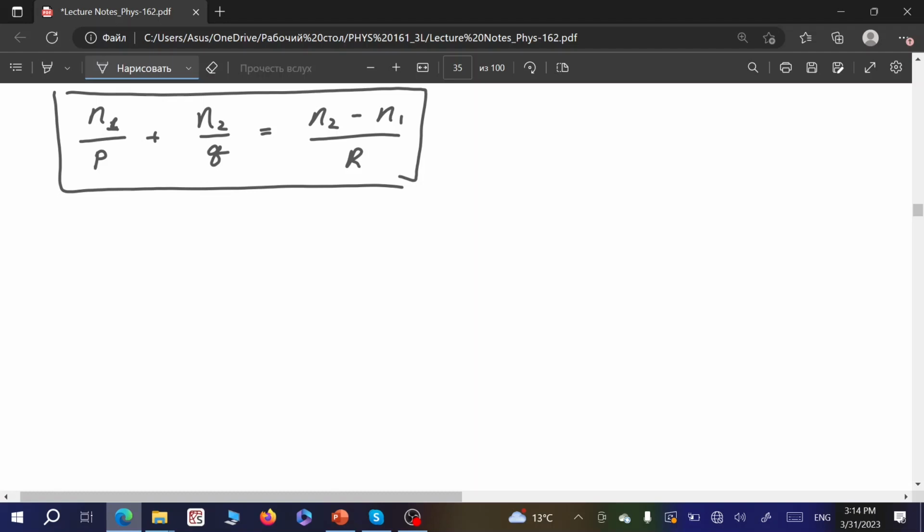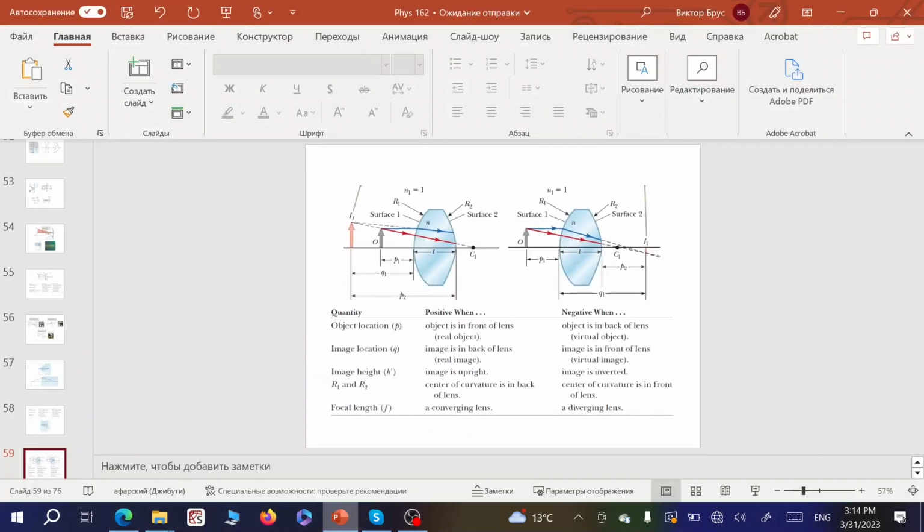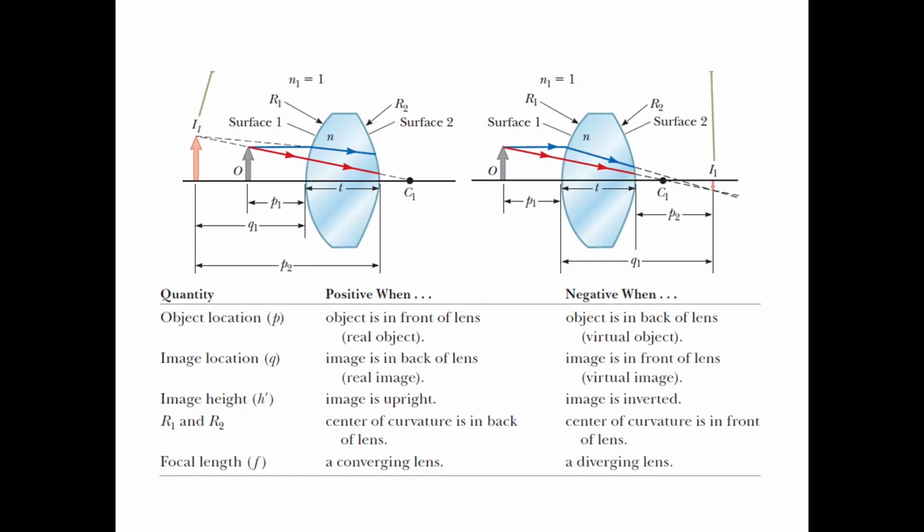So let us check this slide. Let's look at this left side image. Here is a kind of exaggerated example. The thickness is well defined, so it's not negligible in comparison to distances.